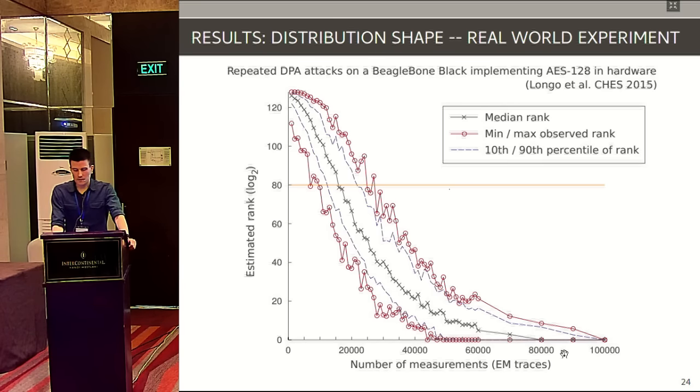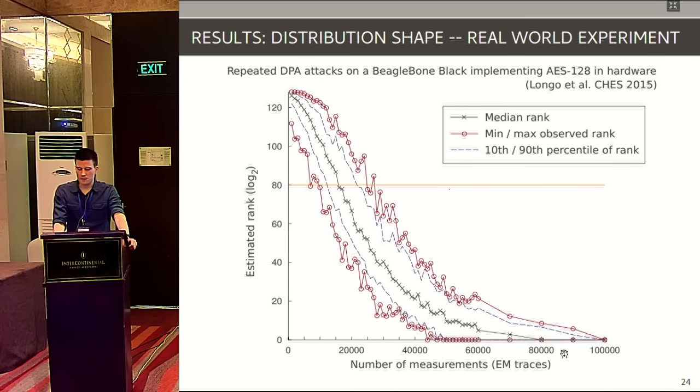So we took a data set produced by one of my colleagues at Bristol, which was published as CHES 2015, which is a DPA attack on a fairly difficult target, a device implementing AES in hardware, where the attack strategy, for those that are interested, is just a straightforward correlation power analysis using EM measurements.